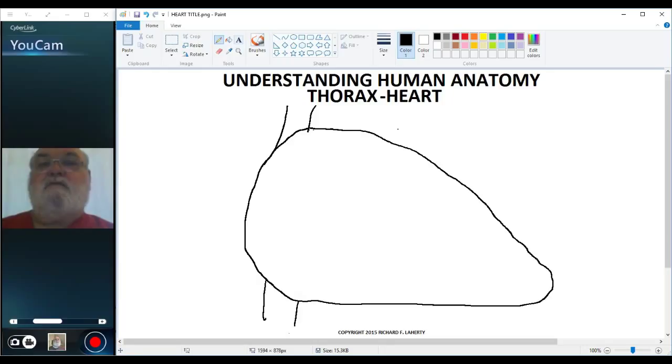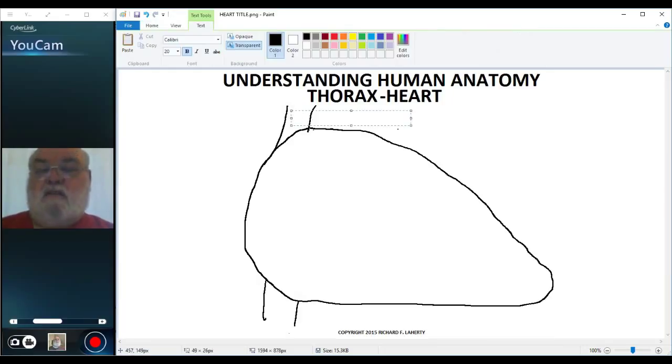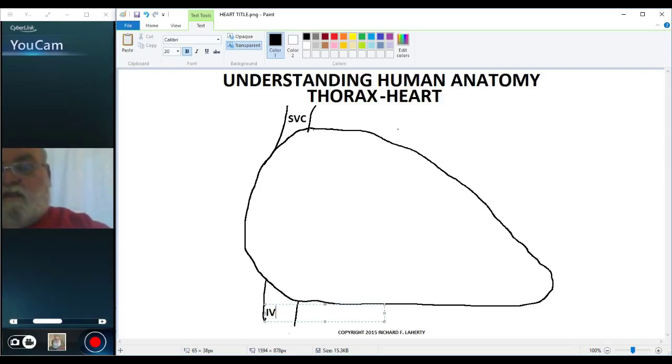So I'll put a label and abbreviate the name SVC for superior vena cava. And down here we'll have IVC for inferior vena cava.